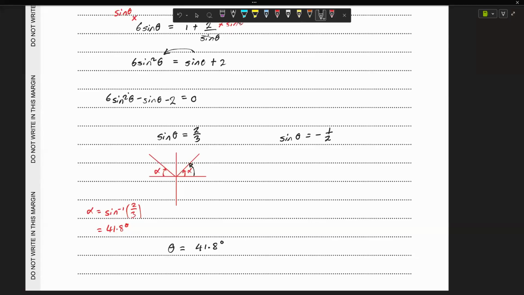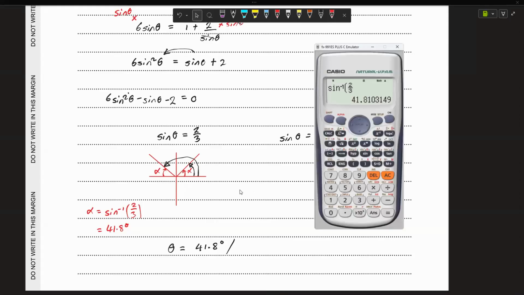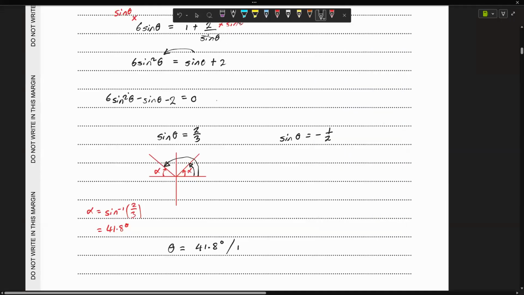The other solution we get is this angle here, which is 180 minus 41.8. So if we say 180 minus ans, we get 138.2 degrees, which is another solution.